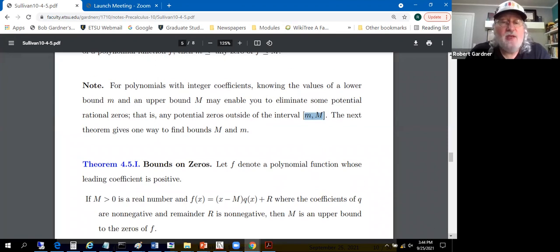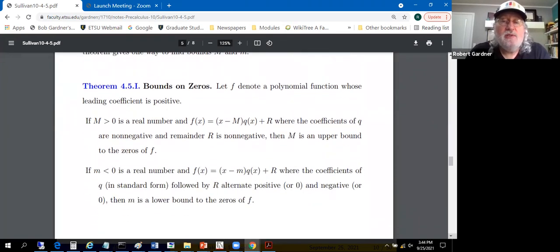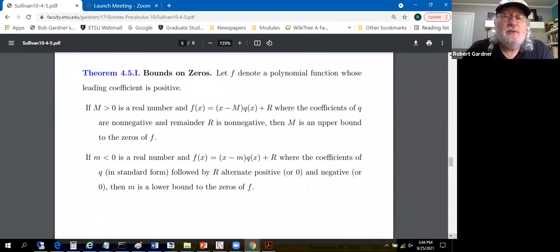The following theorem, bounds on zeros, gives some conditions under which we can find capital M and lowercase m. And they're pretty specialized conditions and rather awkward to state verbally, but we'll go through the proof of this. Part 1 is not too strange. Part 2 is a little more complicated.